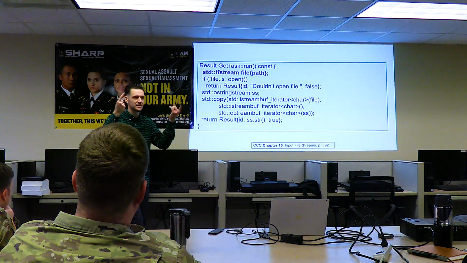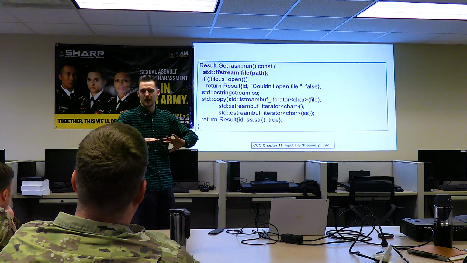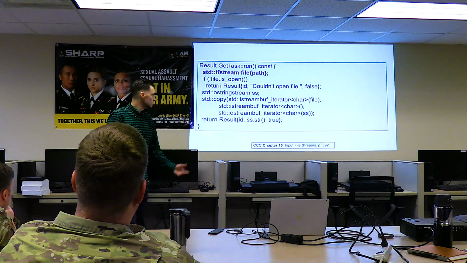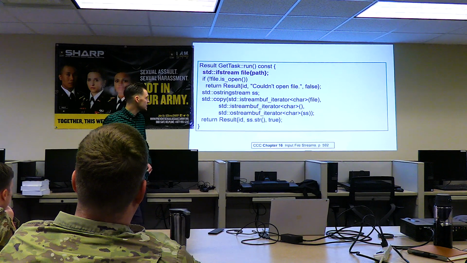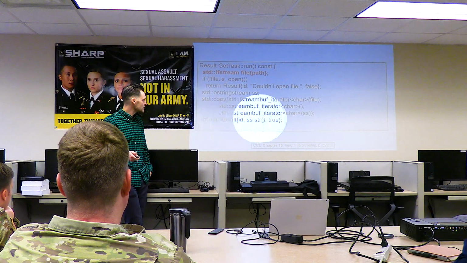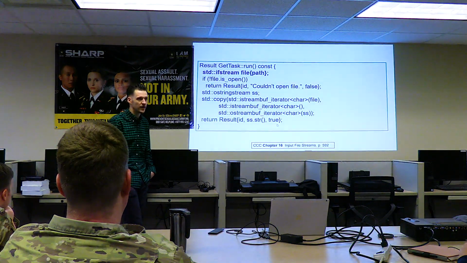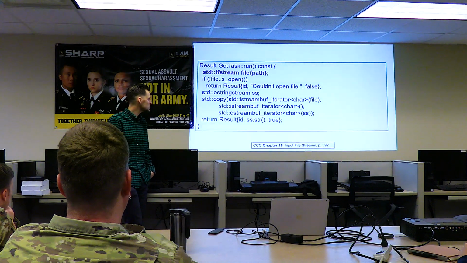So when std copy does the comparison, it says, oh, I'm equal to the default, I'm done copying. So this is going to copy the entire file into the string stream. And then we can return our result with the ID, the contents of the file, and true, because we succeeded.